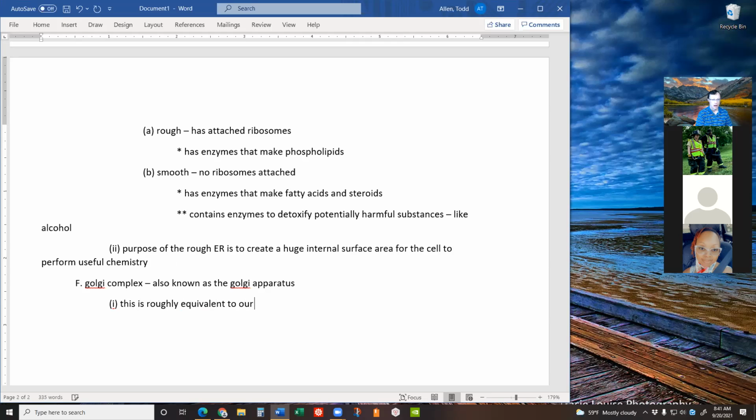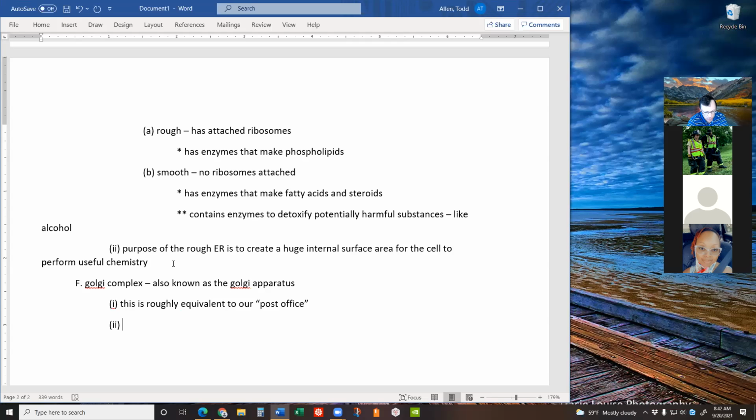By that, I mean that this organelle is responsible for modifying, sorting, and packaging materials, particularly proteins that are delivered into it. Think about it. If you have a letter that you want to mail, but you're not quite sure of the address or how to write the address, you might go to the post office and they might help you write the address on the envelope.